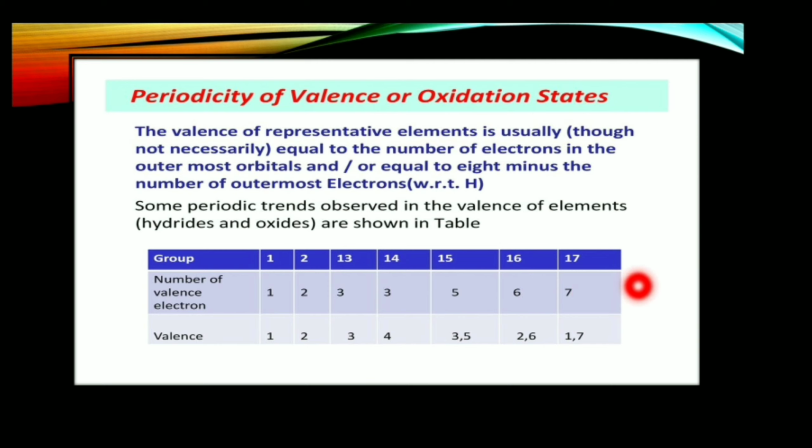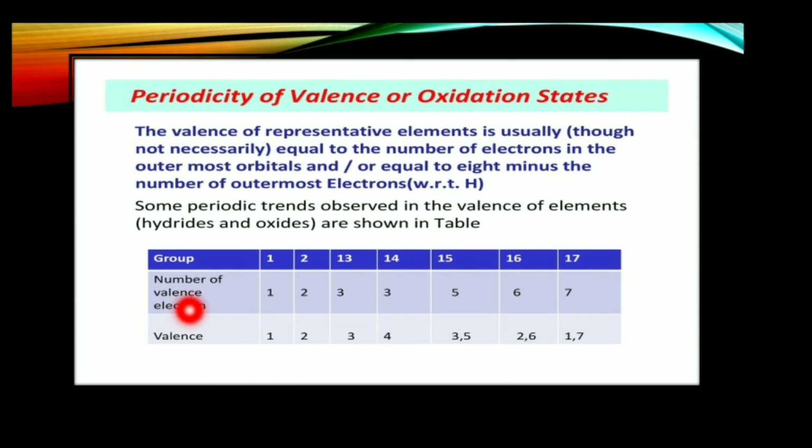Noble gases have complete stable electronic configurations because the octet is complete. If 8 electrons are there, then we say it is stable. All the noble gases are stable because their orbitals are completely filled by 8 electrons, except helium. So their valency is 0.